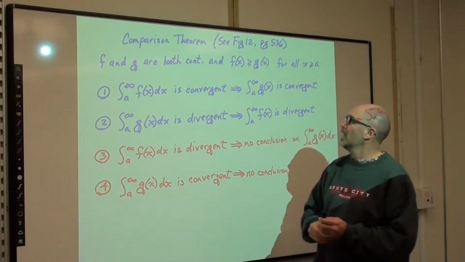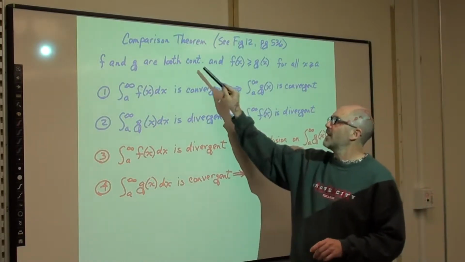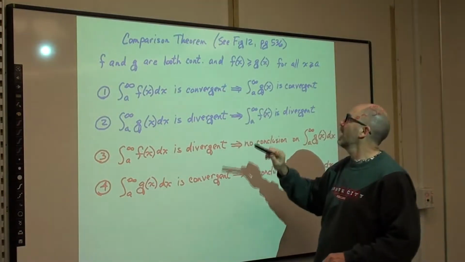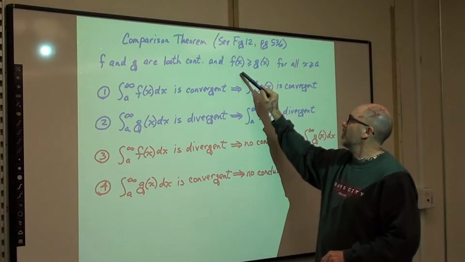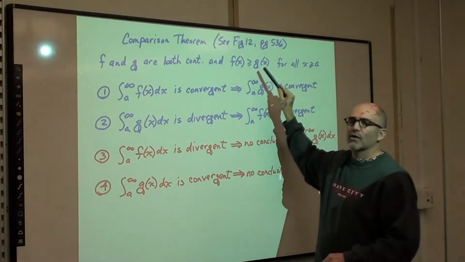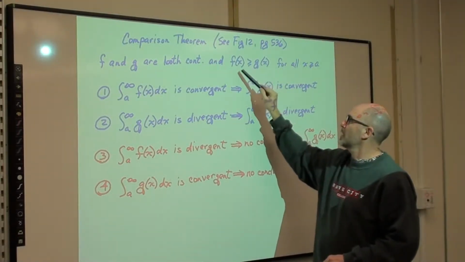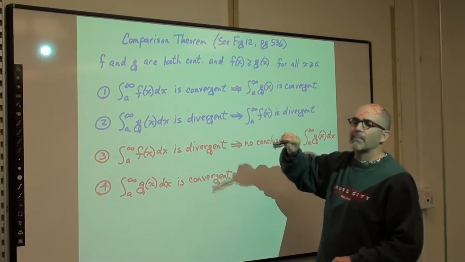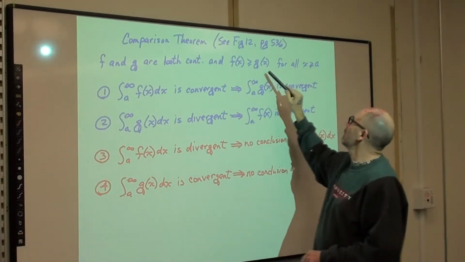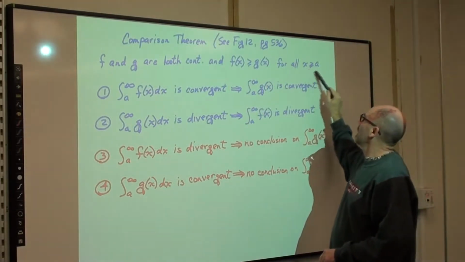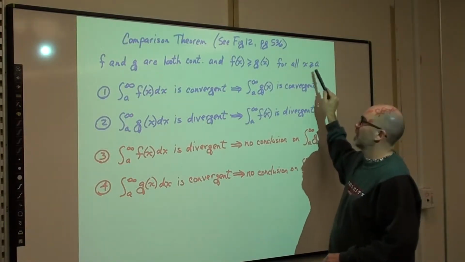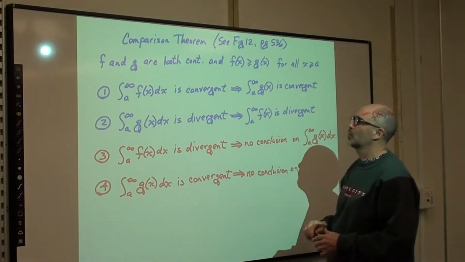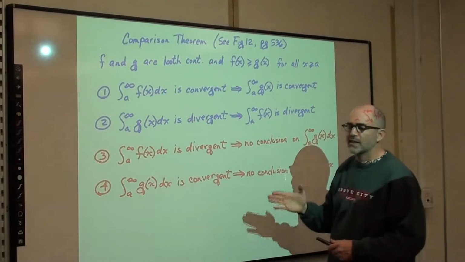The one thing that we do know is they both have to be continuous, and f is always going to be greater than or equal to g. In other words, the f function will always be above the g function for all values in the interval that we're interested in, which means x is greater than or equal to some starting point a.